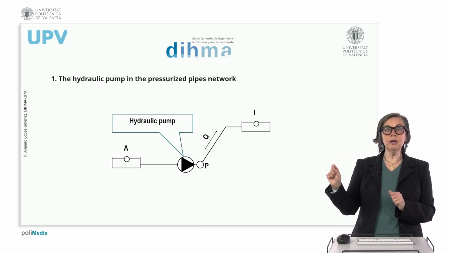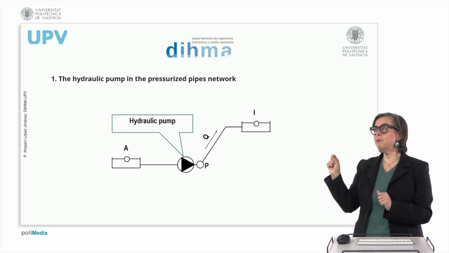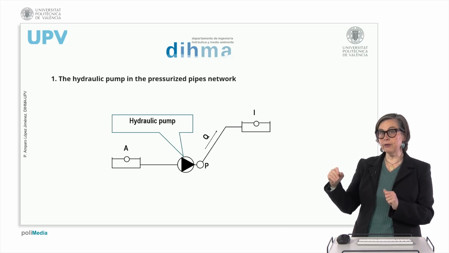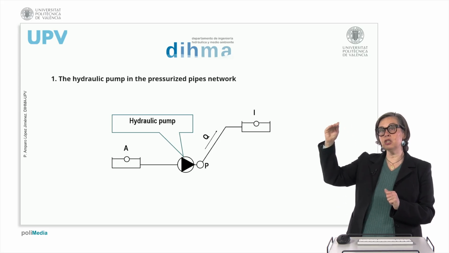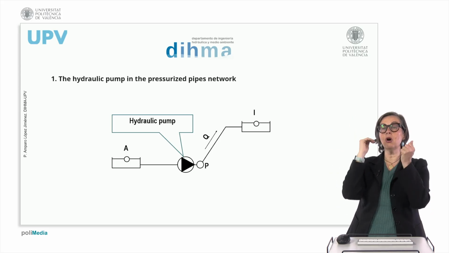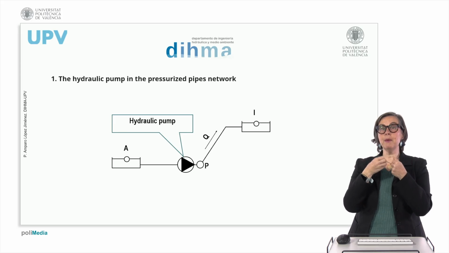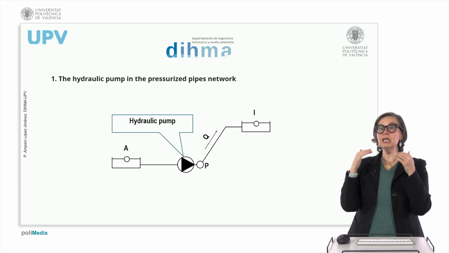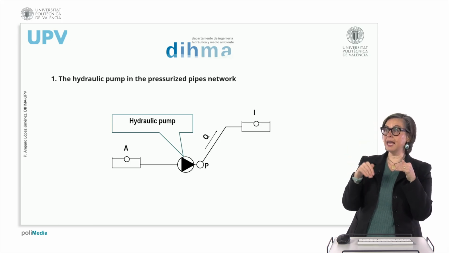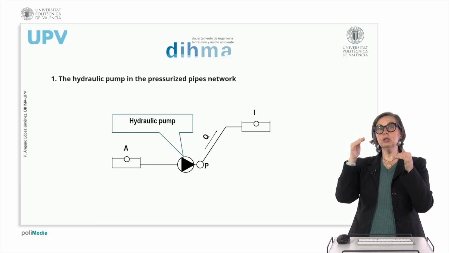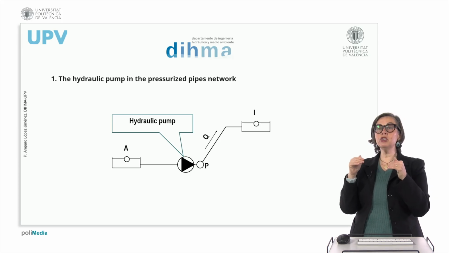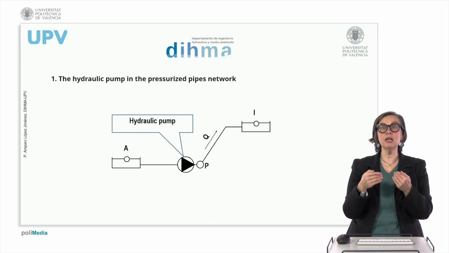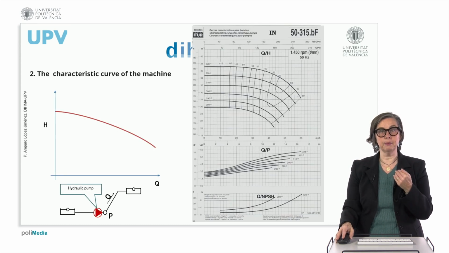So the role of the hydraulic pump is to provide flow to arrive to higher pressure systems, in terms of energy given by power, which gives flow and pressure for the liquid to come from point A to point B. So this flow and this pressure must be given by the machine in order to achieve the requirements of the system.